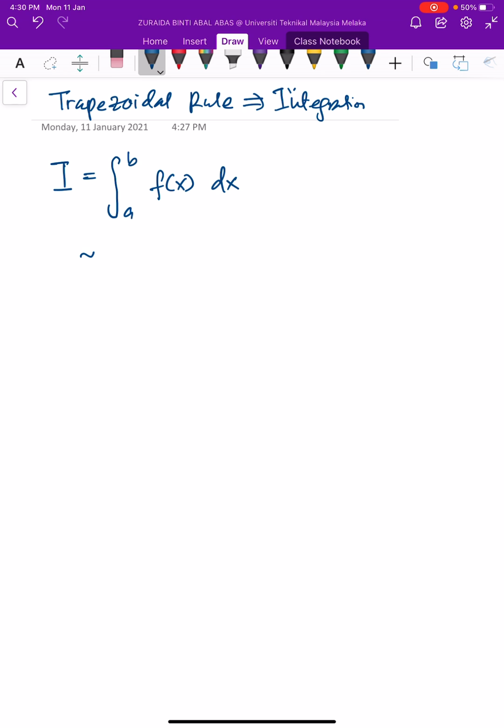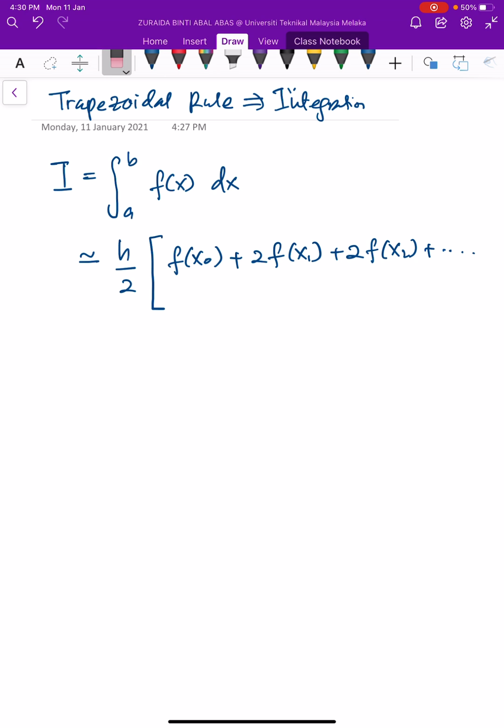this is the formula for it. So you have h over 2, and then you have f(x0) plus 2f(x1) plus 2f(x2) plus, and then plus 2f(xn-1) plus f(xn).